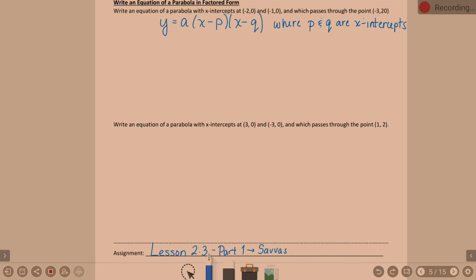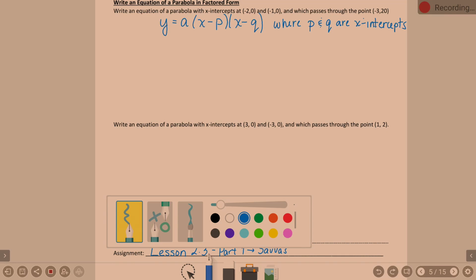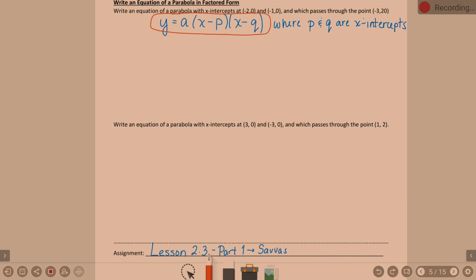So this is the equation you're going to be using on this type of problem. Got it? Anytime they give you your x-intercepts, this is what you're thinking.